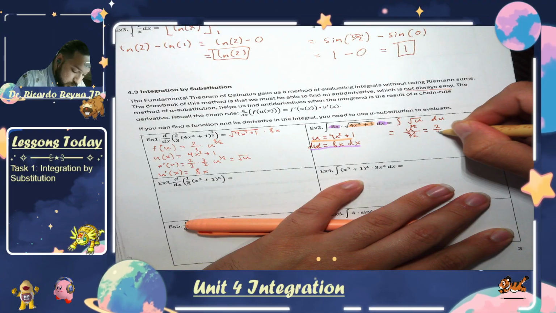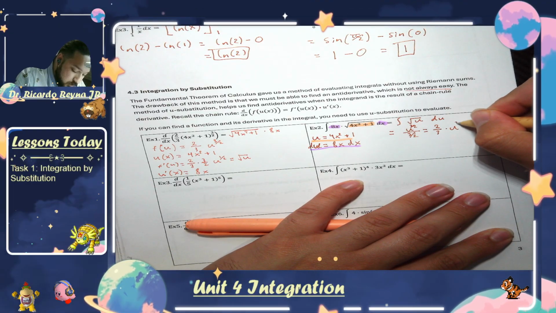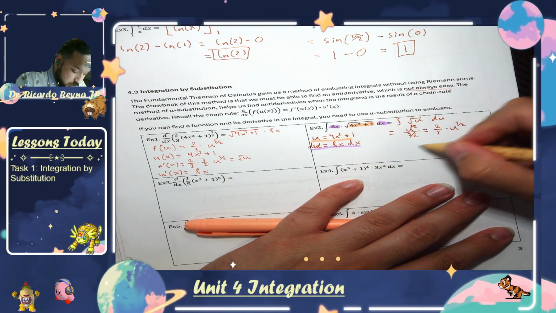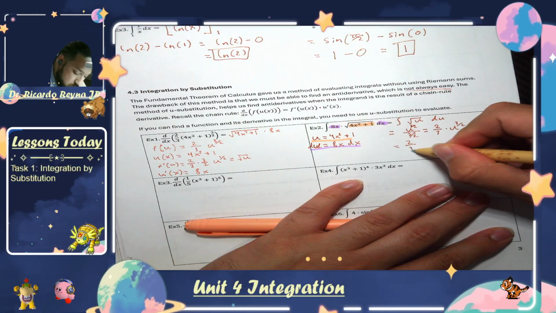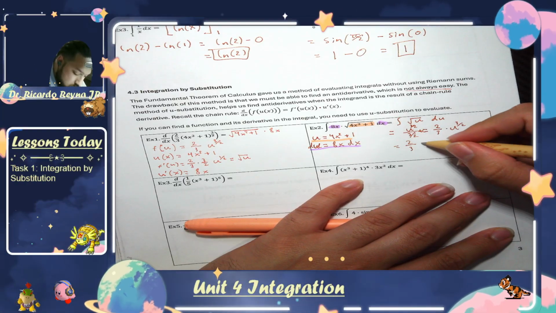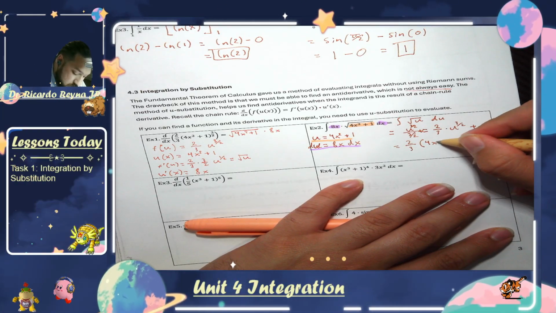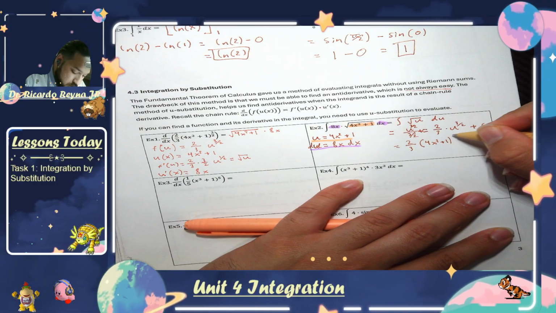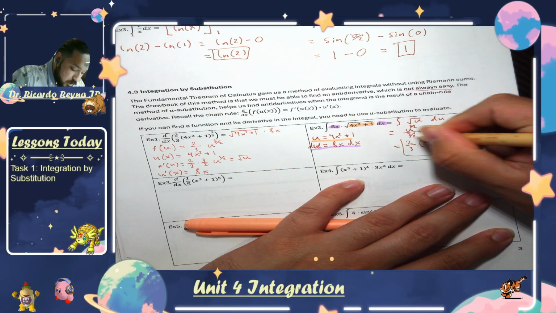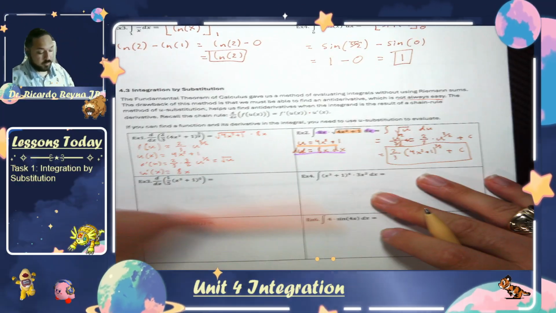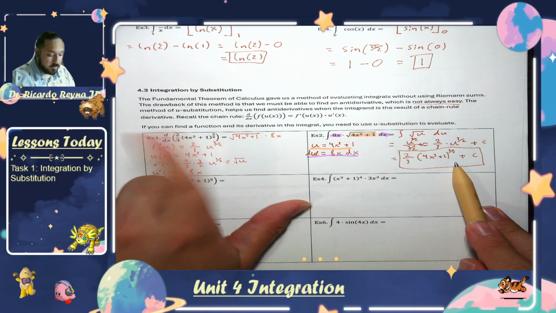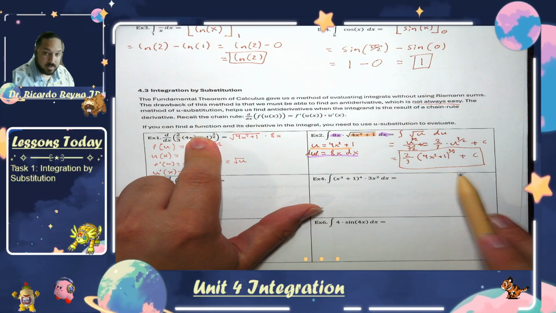So 2 over 3 times u to the power of 3 over 2. And then we plug back in what we originally had for u, which is, oh, and I forgot plus c, excuse me, plus c. 4x squared plus 1, to the power of 3 over 2, plus c. So kind of like the examples we did before, it's just a copy and paste, but with the plus c.